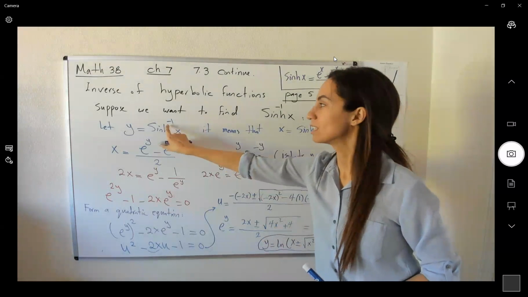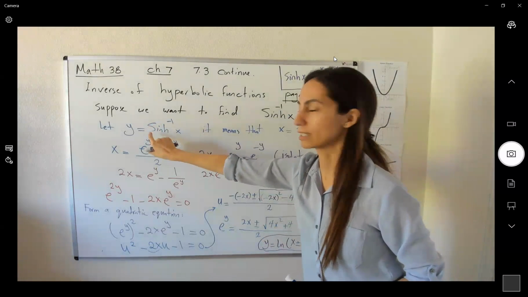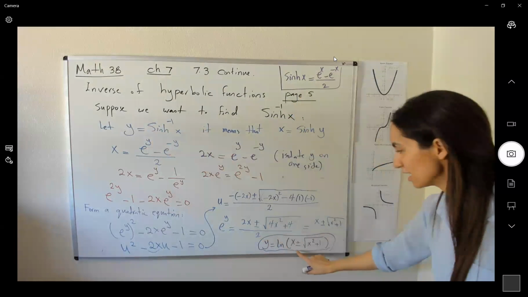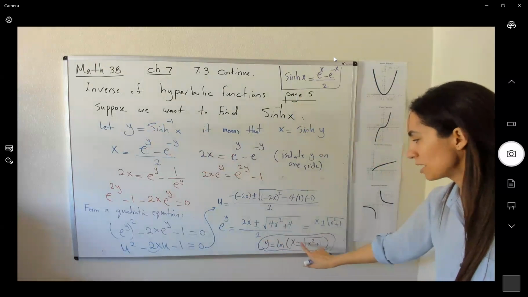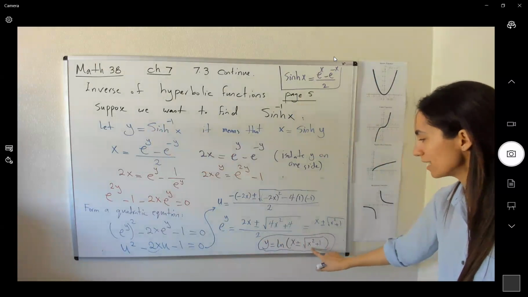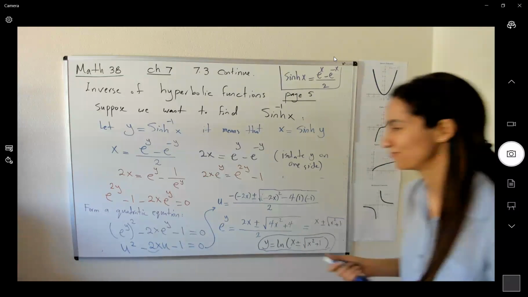So, inverse hyperbolic sine is ln of x plus minus square root of x squared plus 1.